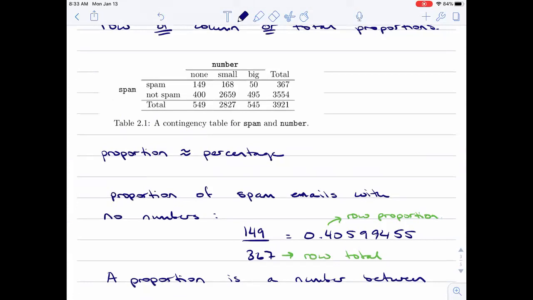Or I guess we should talk about all the emails, right? Out of all the emails analyzed, the 3,921, then 367 of them were spam, doesn't matter what number type they had in there. Or you can drill it down even further and say, well, 149 of those were spam with no numbers, right? So it just depends on what level you want to talk at.